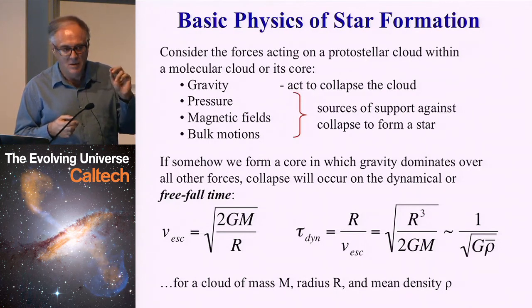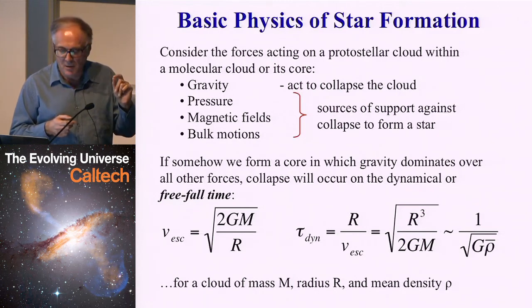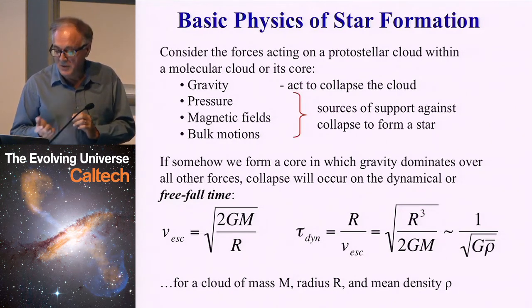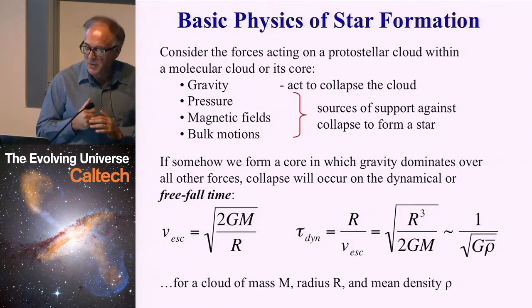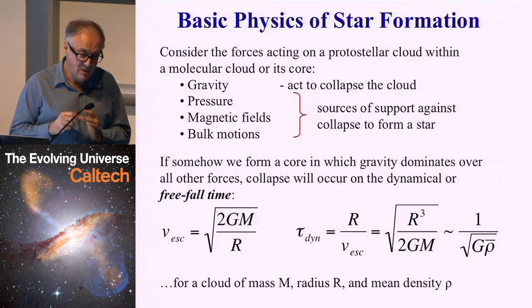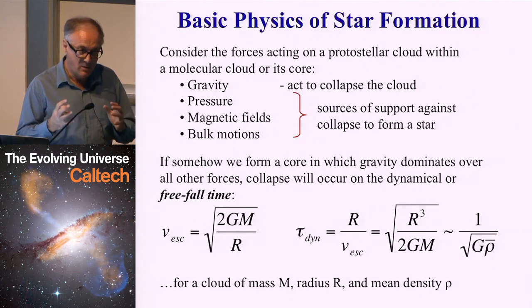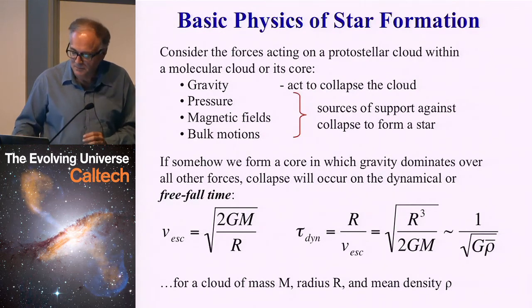And so all you need to do is take one test particle at the edge of your cloud, such as it is, and let it go. The expression for that is given here, and the time it takes to do it is also given here. And so you notice that the time is inversely proportional to the square root of mean density, and that kind of makes sense, because denser clouds will have stronger gravitational attraction, so will collapse faster.